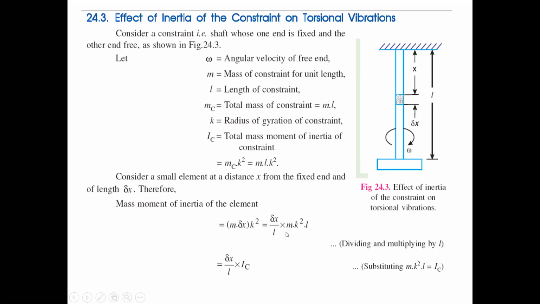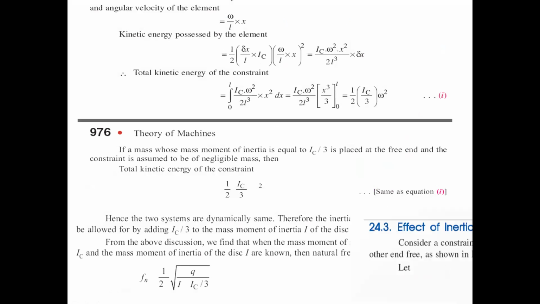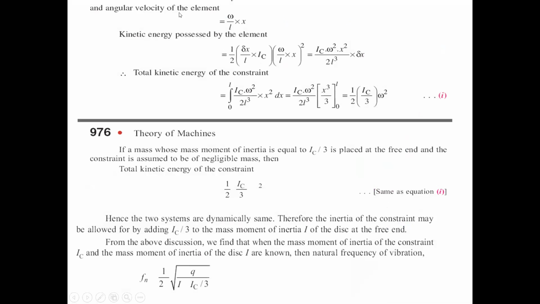So that has been arrived here: delta x by L into I suffix c is the moment of inertia of the small element. Now, similarly, to find the angular velocity of the element, it equals omega by L into x.